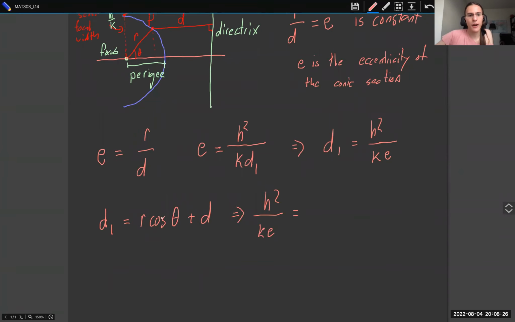then we have also that if we just rearrange this equation, r is equal to ed. So r is going to equal ed cos theta.